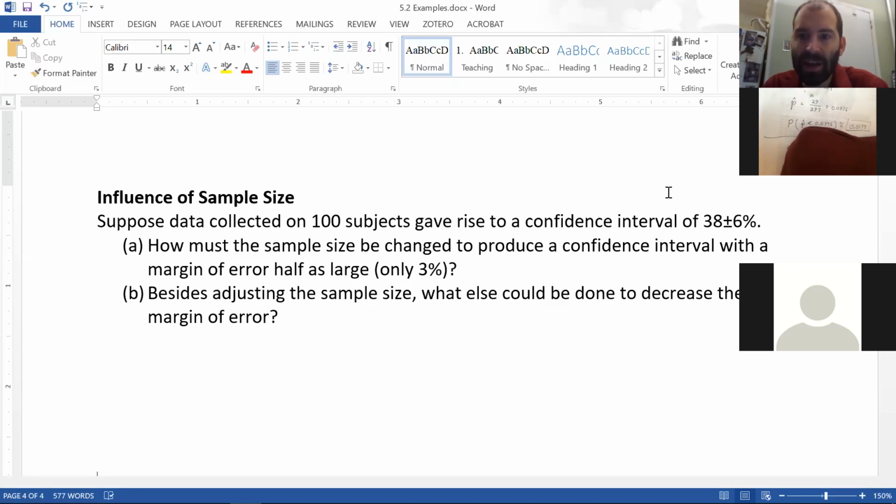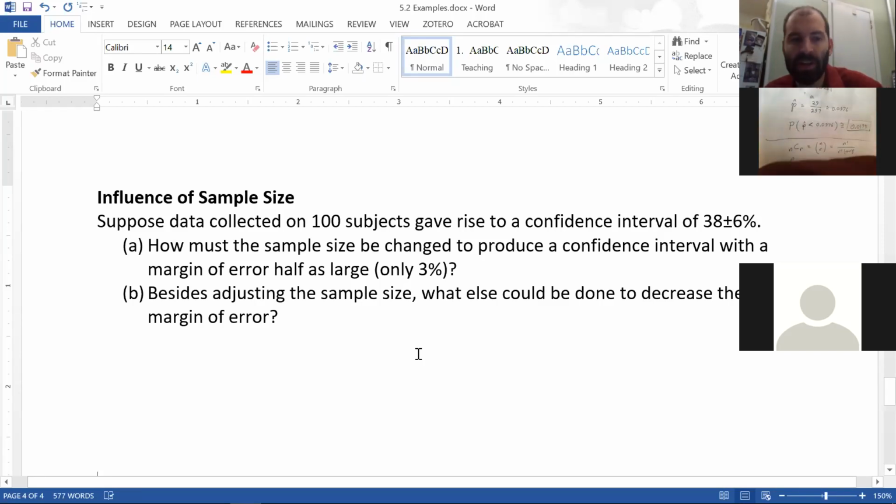So I've got this margin of error of 6% here. Maybe that's too big for me. Maybe my boss wants me to be more accurate. Okay, he wants a 3% margin of error. So I've got to go do this study again. How do I have to change my sample size? How many more subjects do I have to ask in order to get a smaller error?